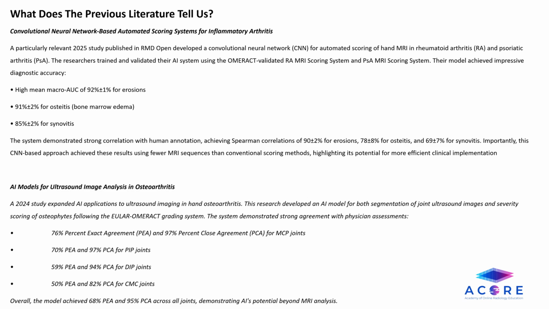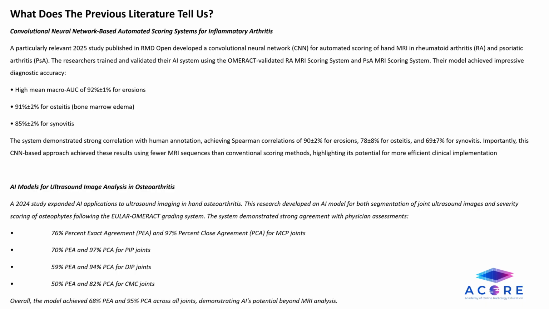Another pertinent study was published in 2024, which discussed the use of AI models and how they're applicable to ultrasound imaging in hand osteoarthritis. And this project specifically developed an AI model for both segmentation of joint ultrasound images and severity scoring of osteophytes following the EULAR-OMERACT grading system.